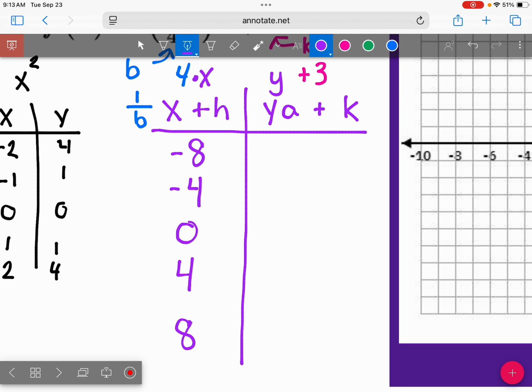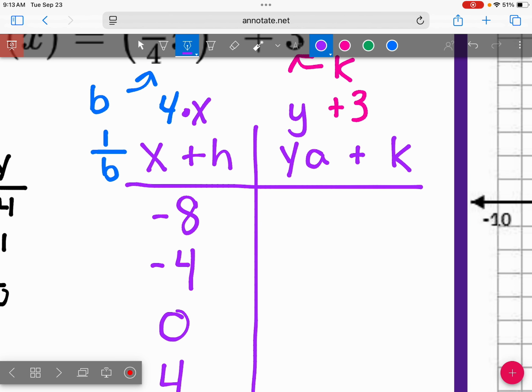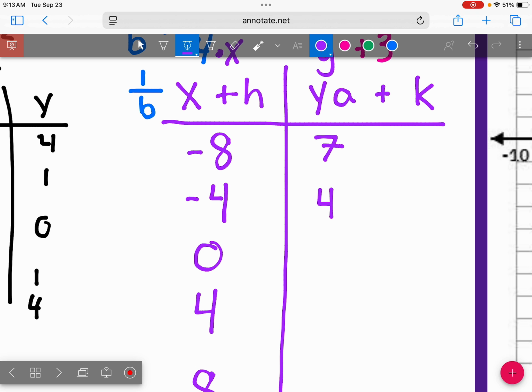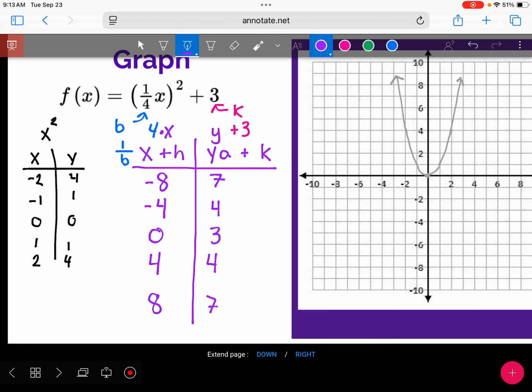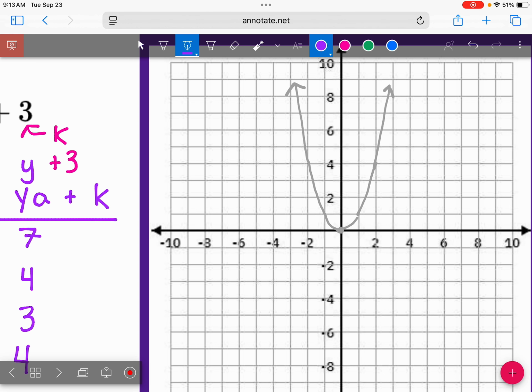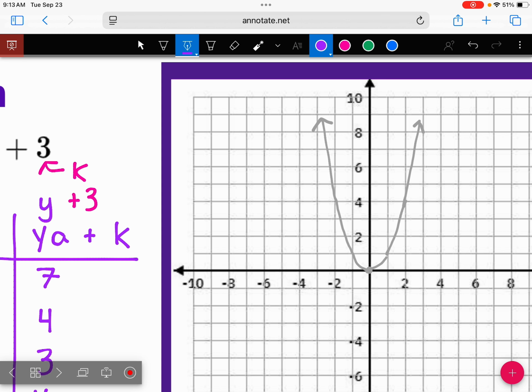Our y times a plus k, all we had was that 3, so we're going to just add our 3. 4 plus 3 gives us 7. 1 plus 3 gives us 4. 0 plus 3 is 3. 1 plus 3 is 4. And 4 plus 3 is 7. So that gives us our points to plot up. And things are going to be spread out really, really far. And that's okay.